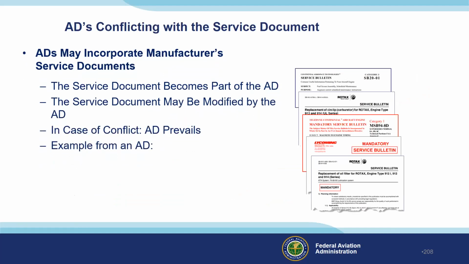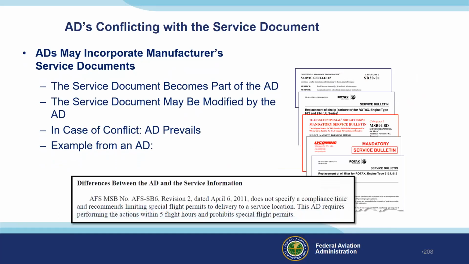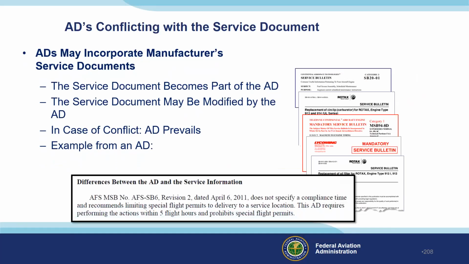And if the service document is modified, the AD takes precedence. Here's an example of a difference between an AD and the service bulletin. The AD prohibits ferry permits, whereas the service bulletin that was incorporated by reference allowed a ferry permit.